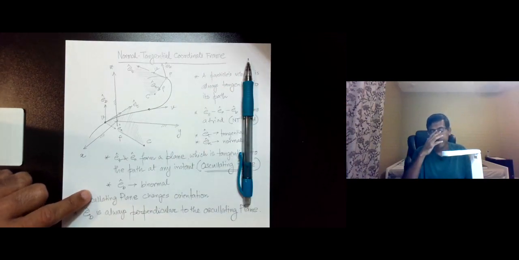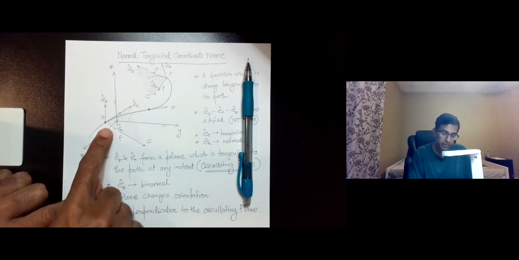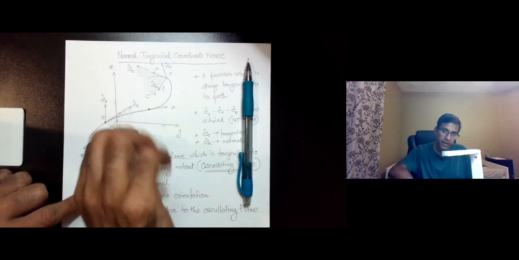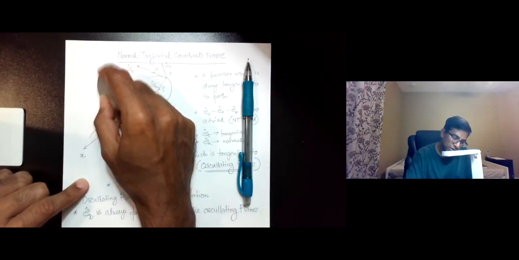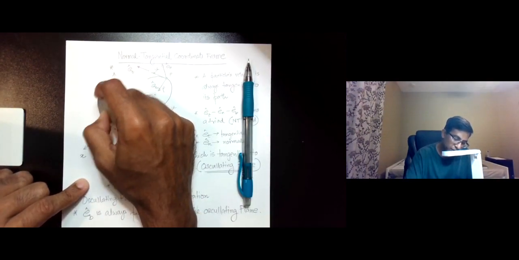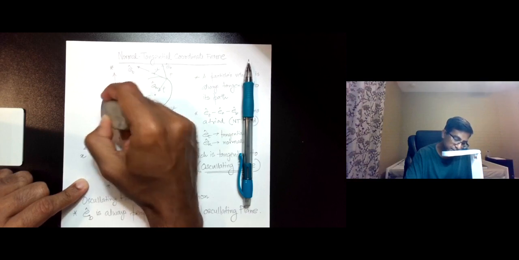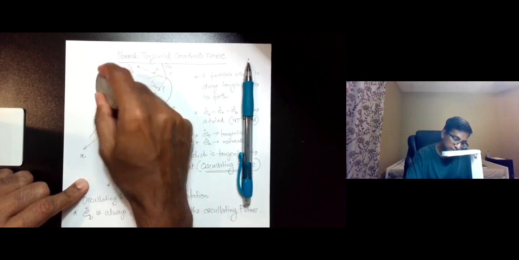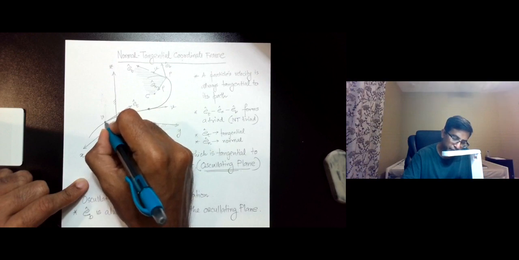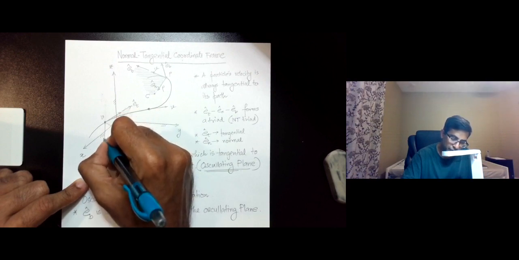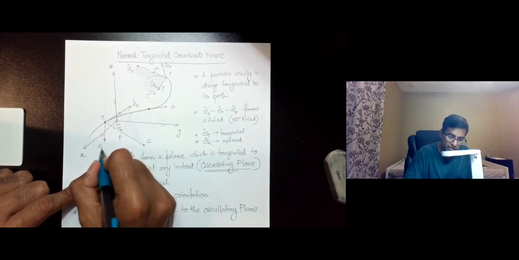That is the convention for defining the normal tangential coordinate frame. Here, however, if I curl my fingers from ET to EN, EB goes downwards and I have shown it upwards. So I need to change the direction of EB to maintain the right-handed coordinate system convention. So I would say EB is here.